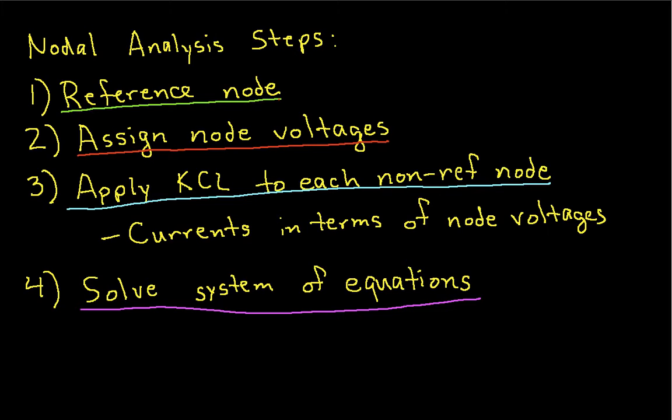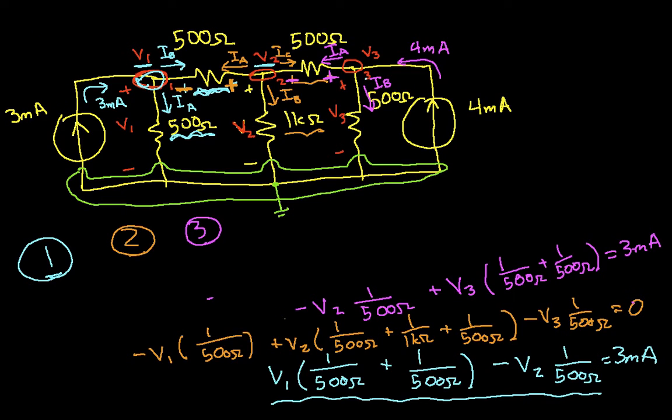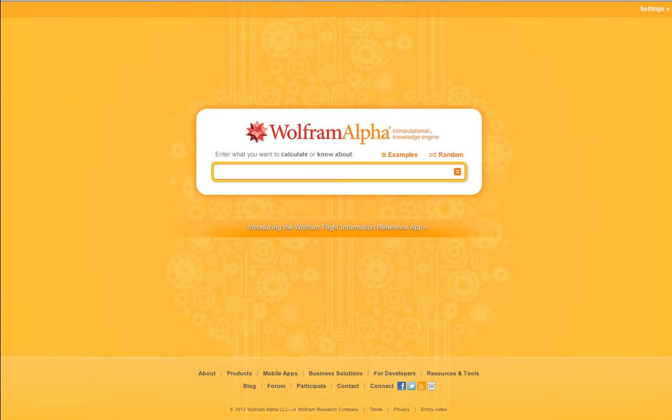You may actually have a calculator that will solve systems of equations, or there are resources online. And today I'm going to use an online resource, not because I think it's necessarily better than anything else, but it's handy. And that online resource is Wolfram Alpha. Again, I'm not endorsing Wolfram Alpha, other than to say it's really pretty handy for stuff like this.